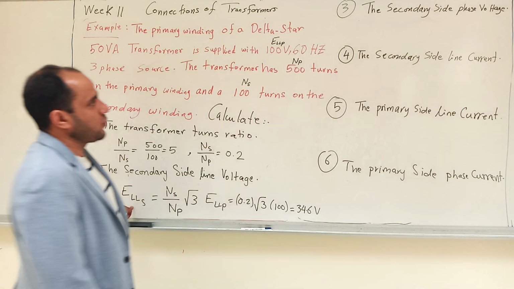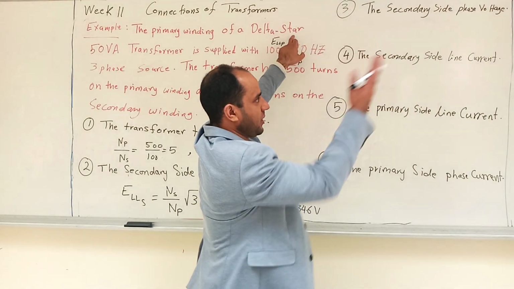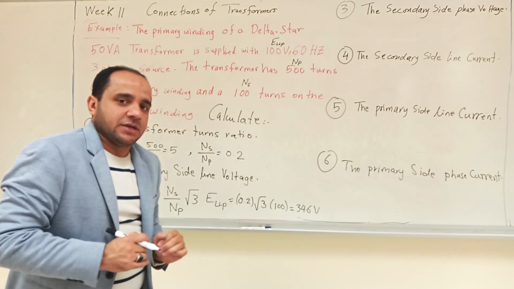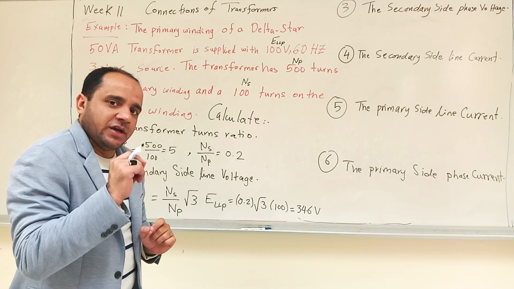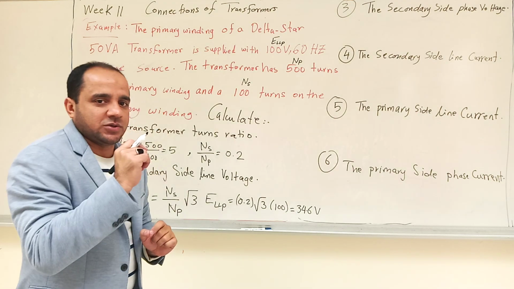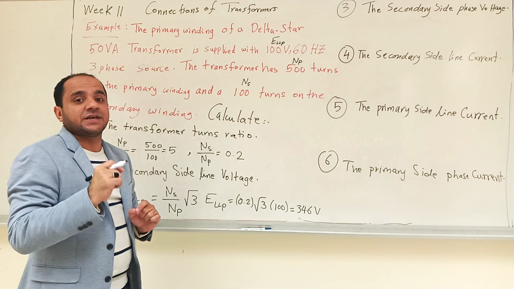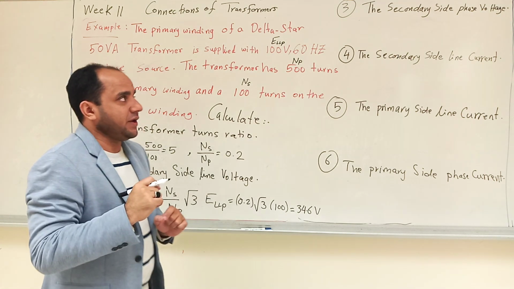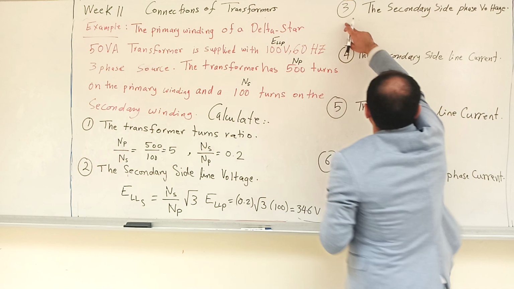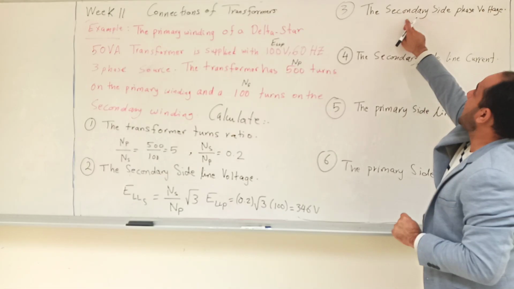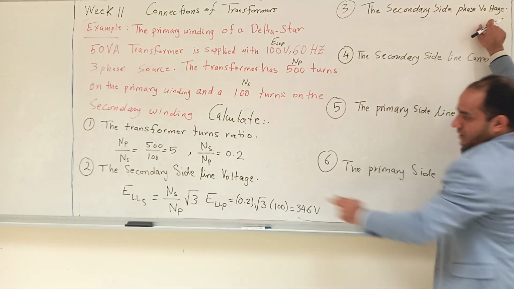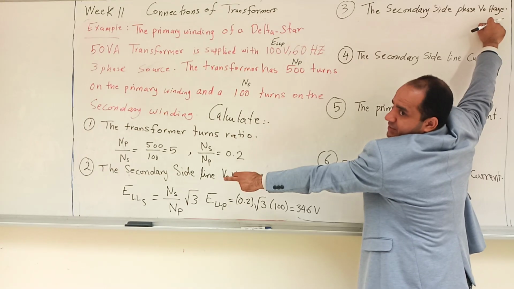Remember, the secondary side is a star connection. In the star connection, we know that there is a difference between line to line and line to neutral, or line to line and phase. Always, line to line in a star connection is greater than the phase by root of 3. Number 3 is saying find the secondary side phase voltage. We found the line voltage in the secondary side.